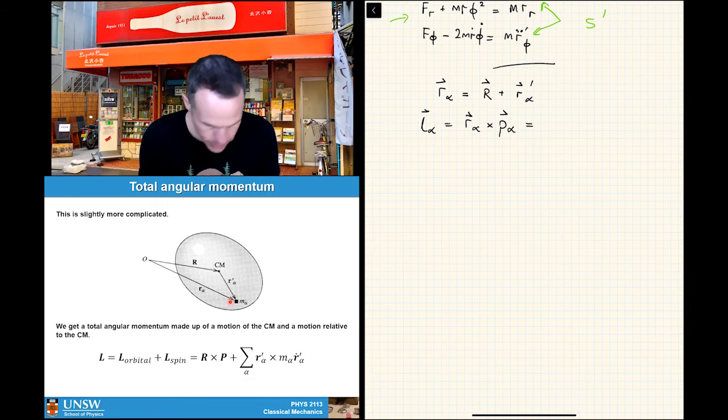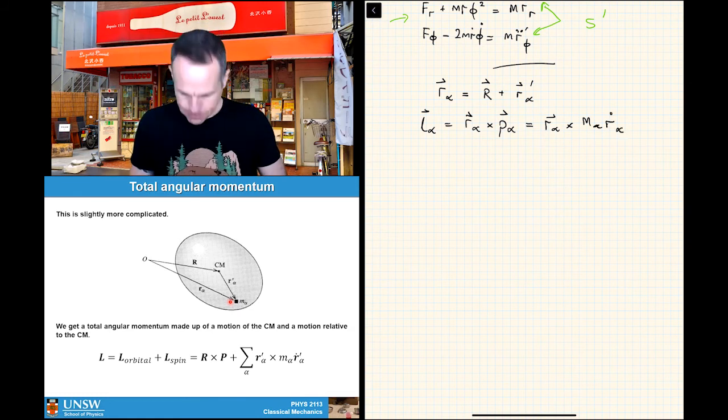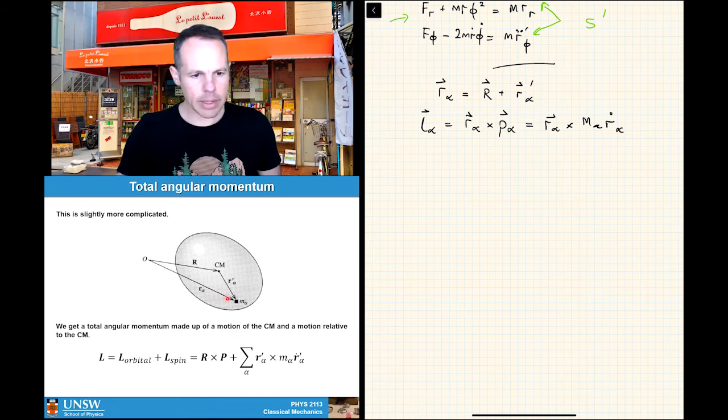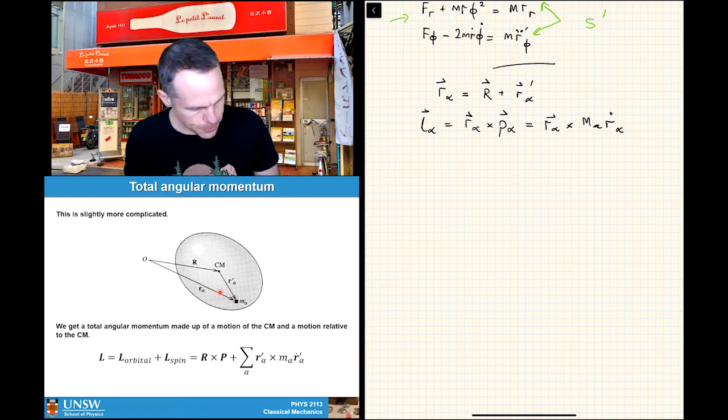And so sure enough, we can write it as exactly that. So this is going to be r of alpha cross m alpha r dot alpha, okay? So what we're really looking at here is just this little position here. We're going to work out the angular momentum by looking at the motion of this little piece of mass at some distance away from that origin, okay?